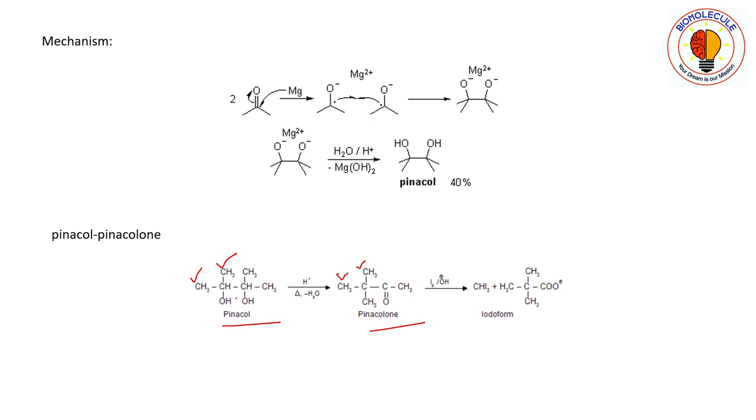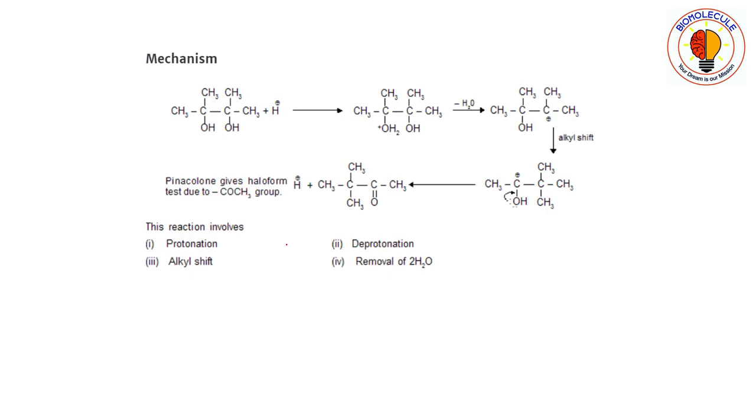Now what happens is that this hydroxy group is absent, and in place of hydroxy one methyl group is present here, and in this molecule this OH is being oxidized to carbonyl group, and this CH3 is missing here. So how is this rearrangement taking place? Now let's move on to the mechanism.